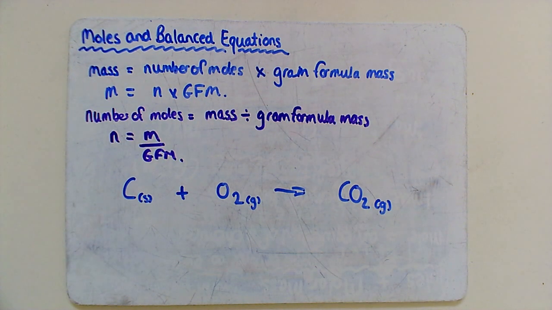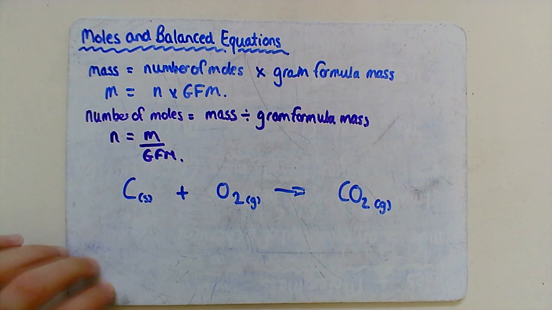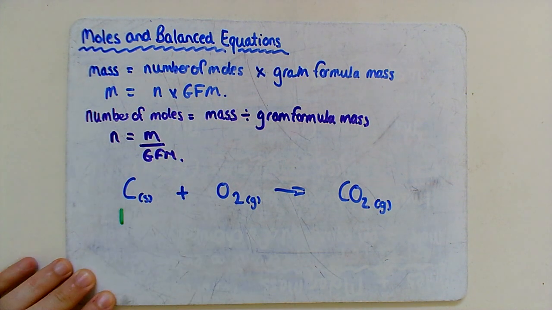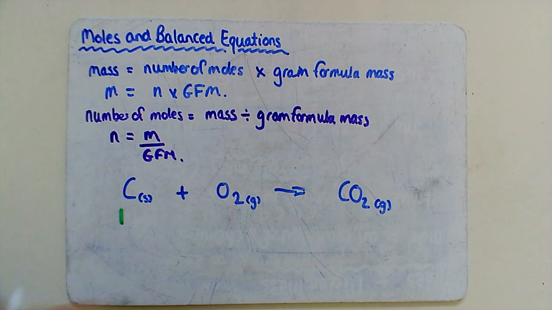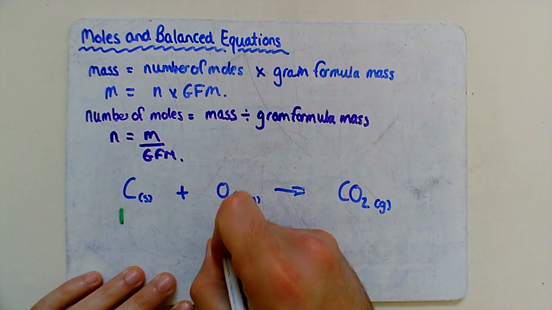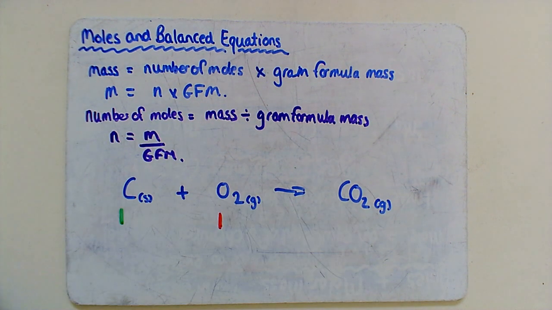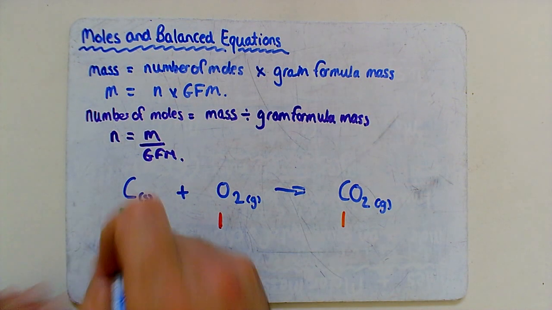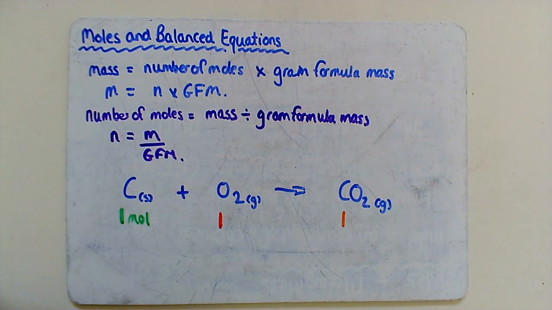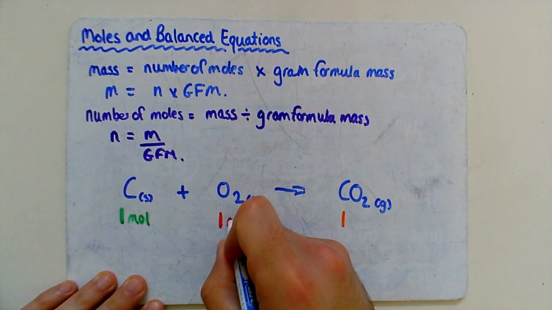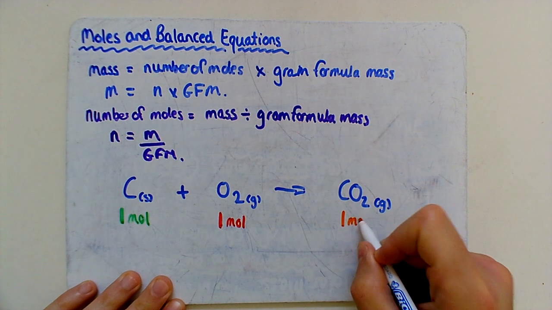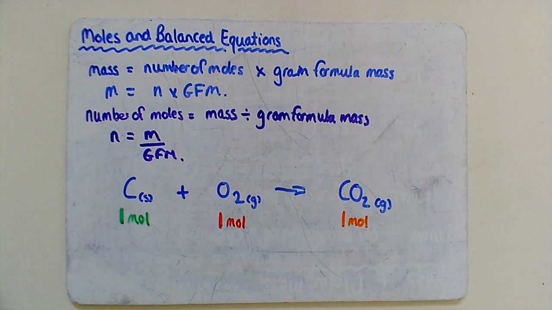So we know we have one equivalent of this, one equivalent of this, and one equivalent of this. What that means is that 1 mole of carbon is needed to react with 1 mole of oxygen, and it will produce 1 mole of carbon dioxide.